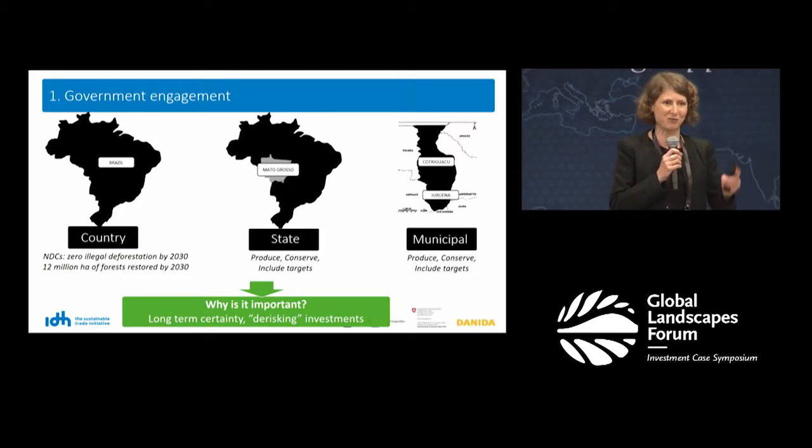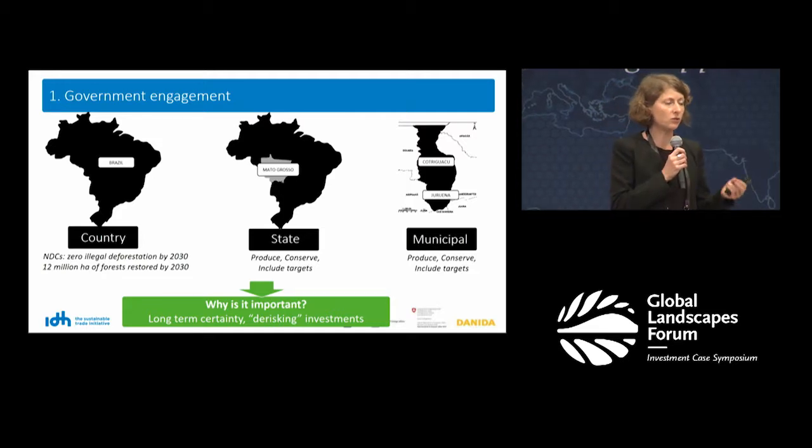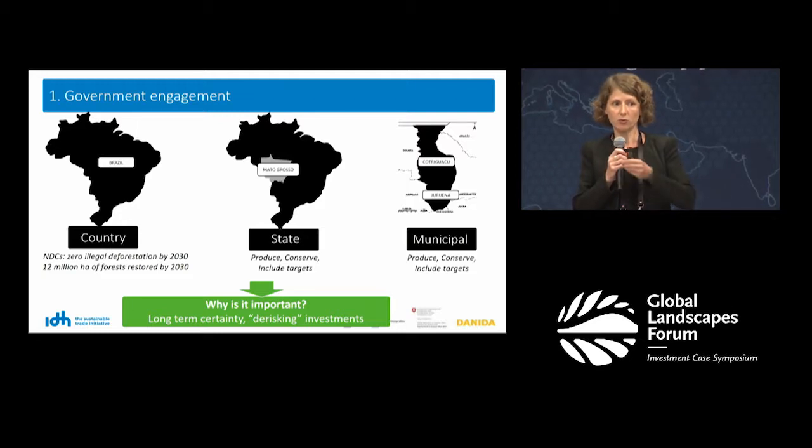At a state level, the state of Mato Grosso has committed to very ambitious targets on production, conservation, and inclusion. They committed to it in 2015. At the municipal level, we're now working with 2 municipalities in Mato Grosso, and they've also adopted some targets on production, conservation, and inclusion.